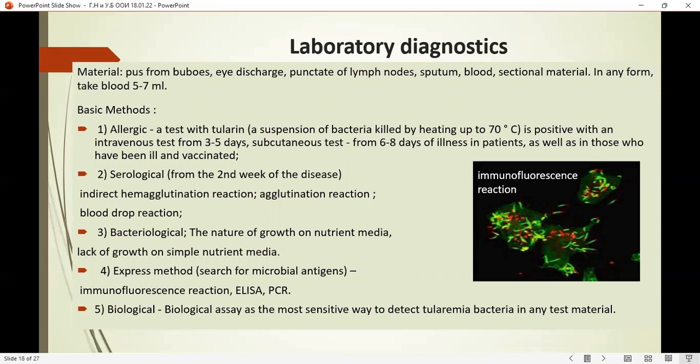Third is bacteriological, which assesses the nature of growth on nutrient media and lack of growth on simple nutrient media. Fourth is the express method, which searches for microbial antigens using immunofluorescence reaction, enzyme-linked immunosorbent assay, and polymerase chain reaction. Fifth is biological. Biological assay is the most sensitive way to detect tularemia bacteria in any test material.